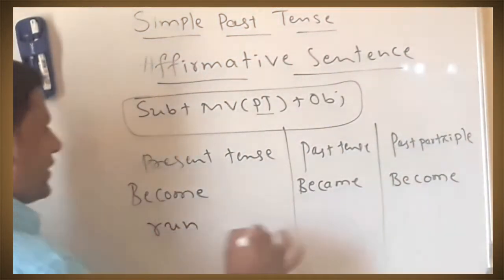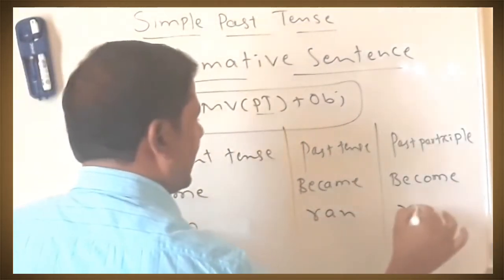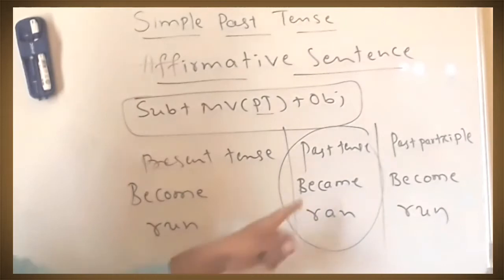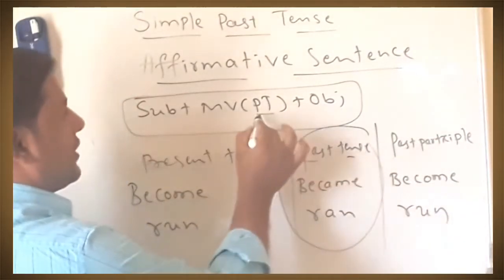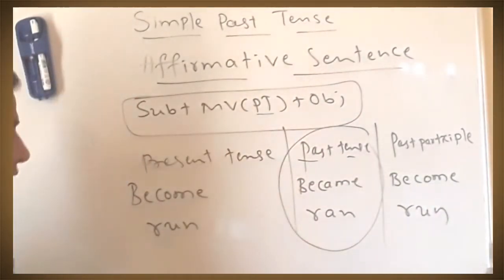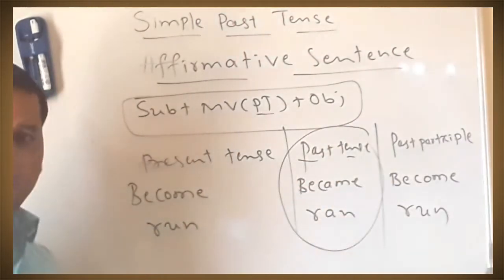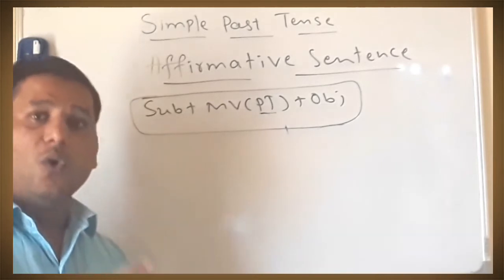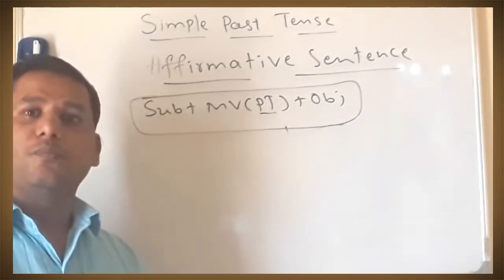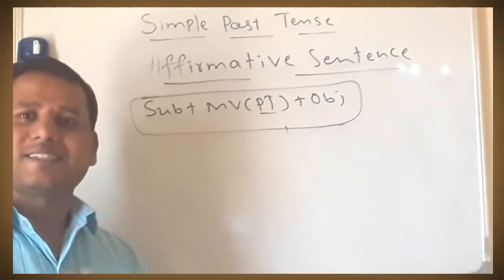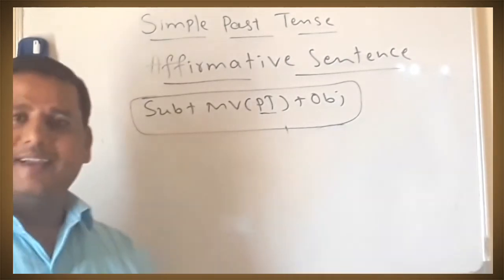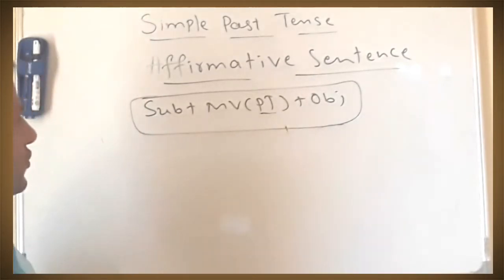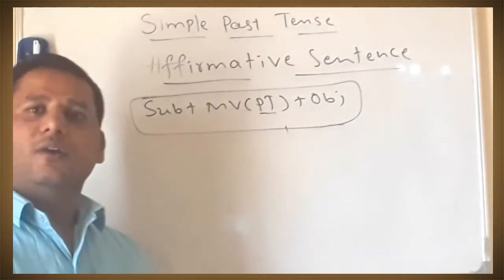Run, ran, run. The second form of the verb is called past tense, so we have used it in the formula as the PT form. Arise, arose. Break, broke. Sing, sang. Ring, rang. Dream, dreamt. Today we have to use the second form of the verb.